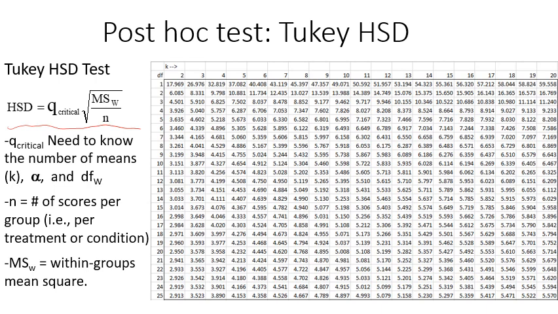And you notice this is a lowercase n, because this is the sample n, one sample n, not the total across the different samples. So first off, to use Tukey's HSD, all of your samples need to have the same n.